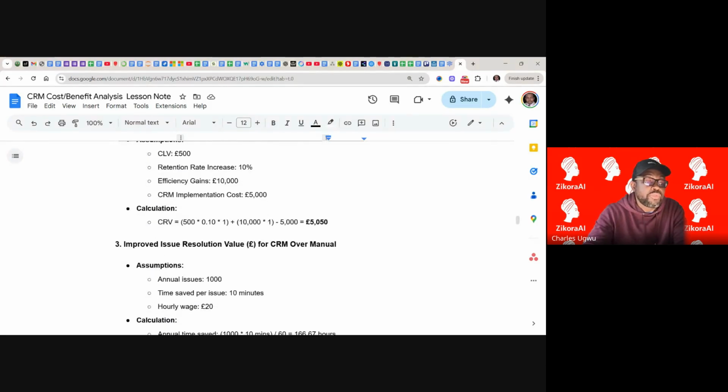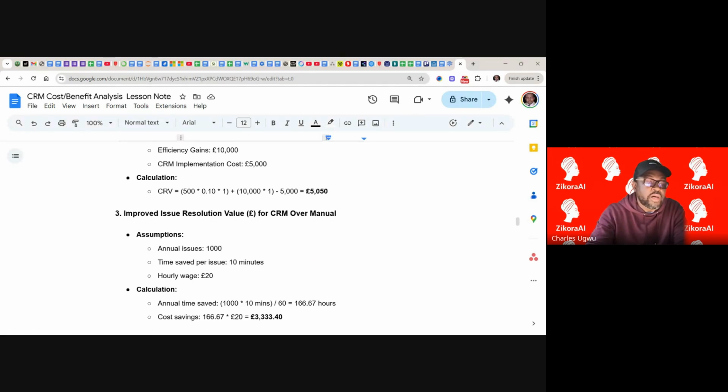Then you've come to improved issue resolution over manual. You're trying to get the value. Assume annual issues, maybe complaints per annum. We'll have 1,000 people complain, that is annual issues, and the time saved per issue is 10 minutes.